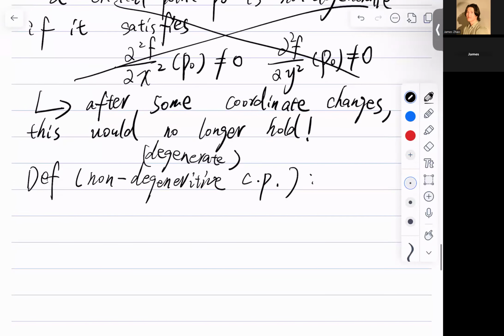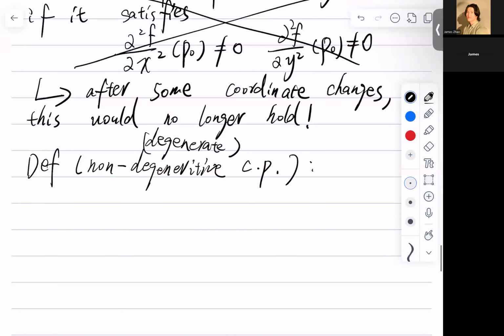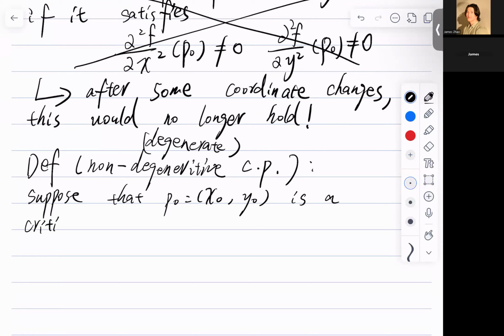How should we define this? We are going to borrow this matrix concept. So suppose we have a point x naught, y naught, and it is a critical point of function z.